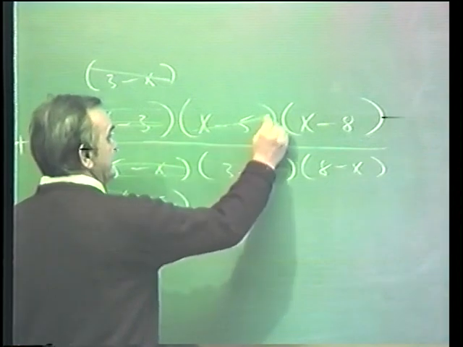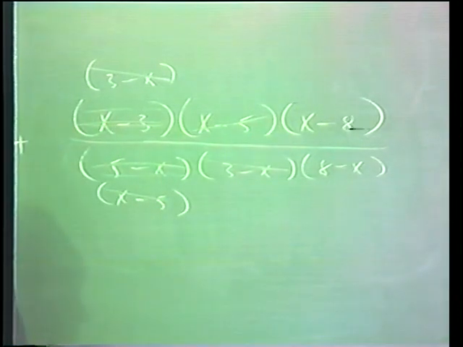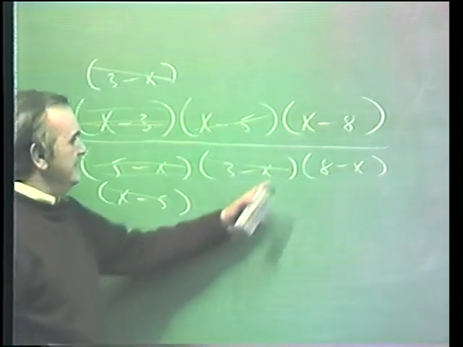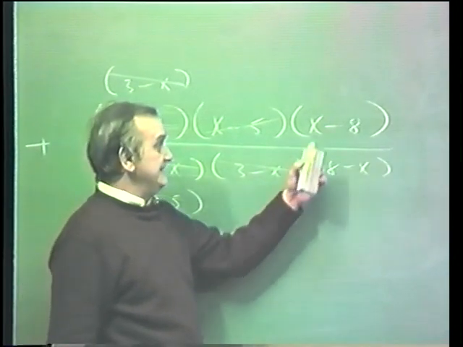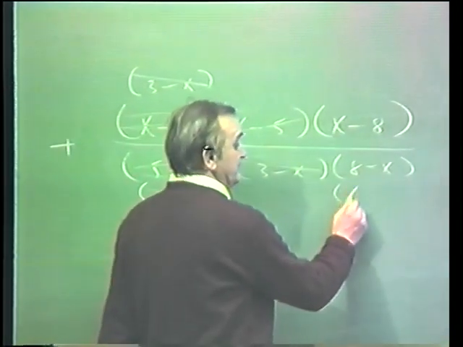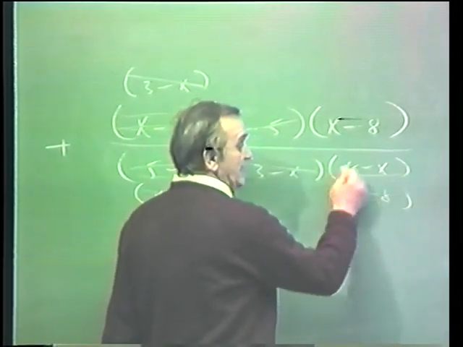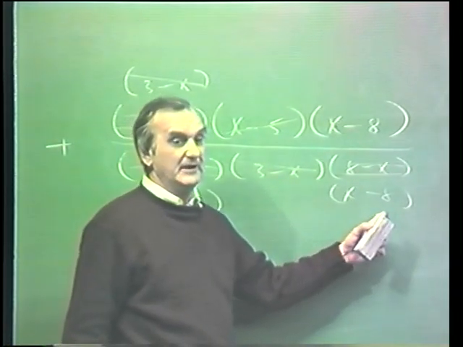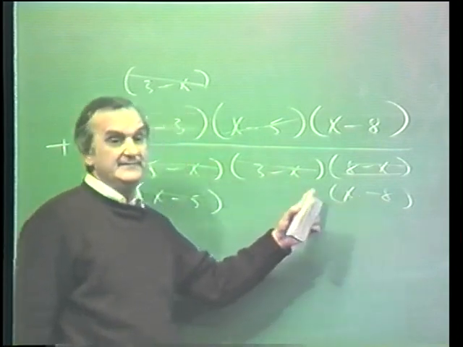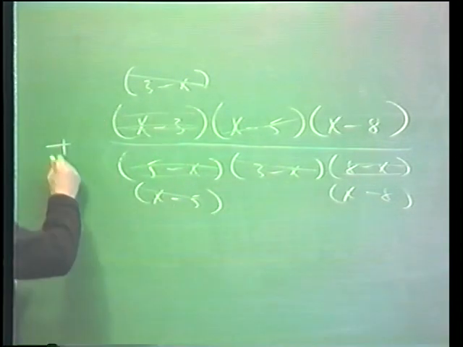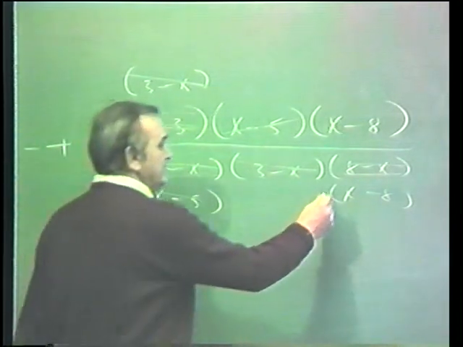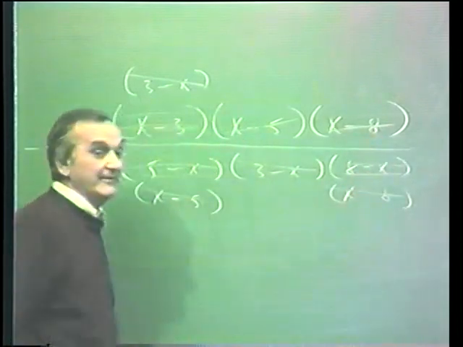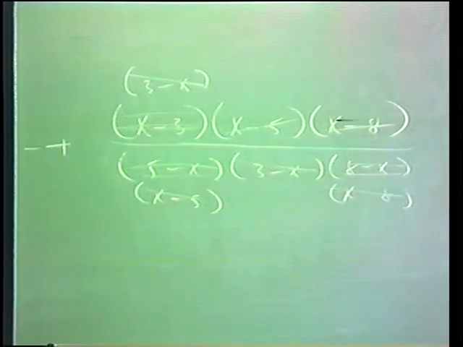Here again, I have an 8 minus x and an x minus 8. I can reverse one of them, it doesn't make any difference which one, just one. I'm allowed to reverse the terms as long as I negate the fraction, change the sign. So they go out, and our answer turns out to be negative 1.